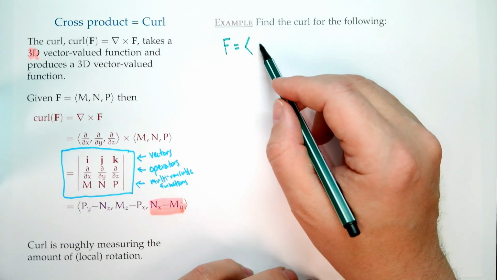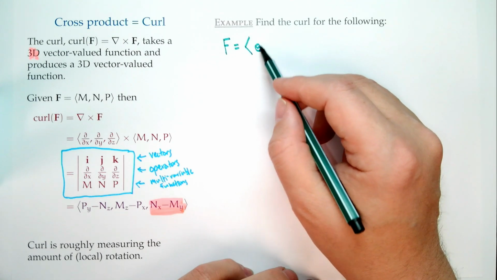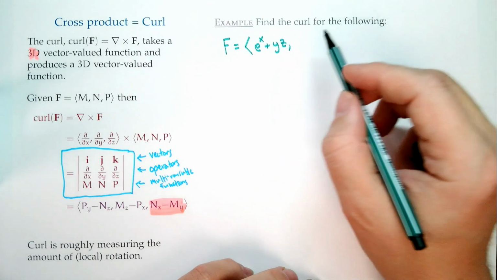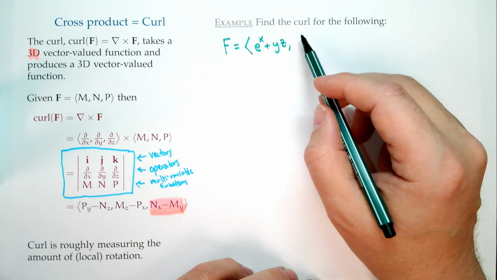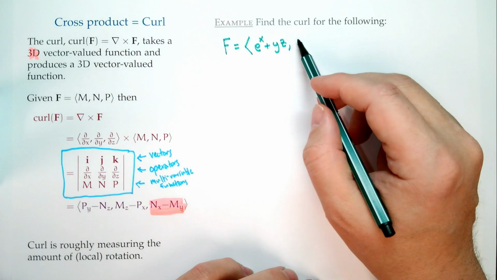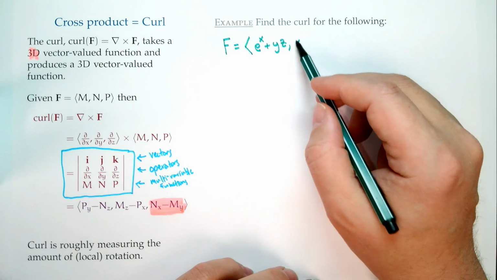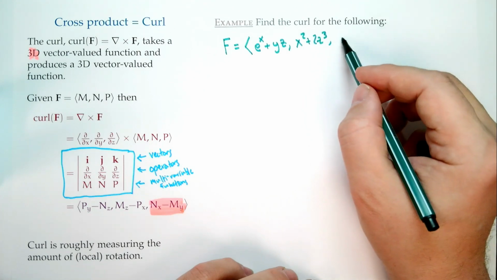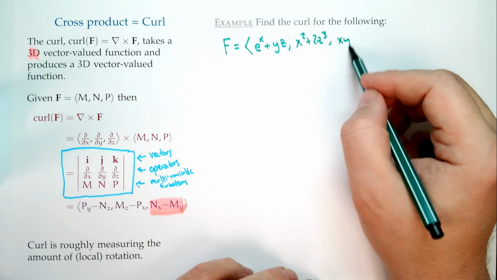So let's see. Let's do e to the x plus yz, comma, and then we have the next term. Well, let's just do x squared plus 2z cubed, and we'll come to the last term, xy.